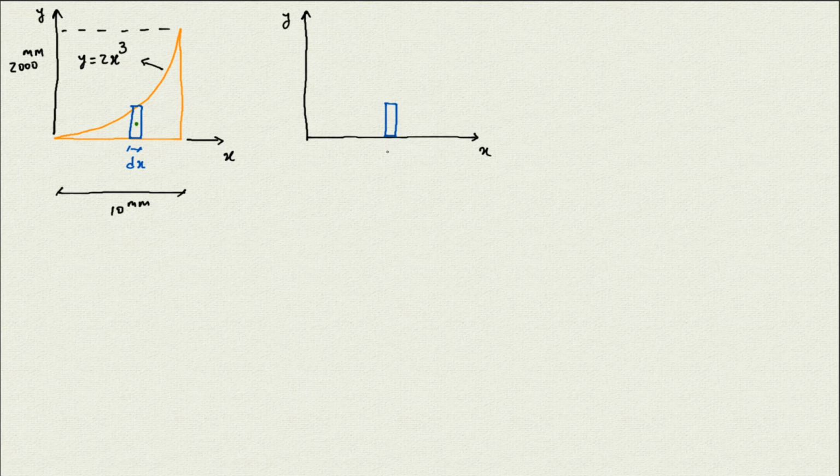So, we know that this is going to be dx, and this distance up to here is x. This distance is going to be x, and this distance here is going to be y.